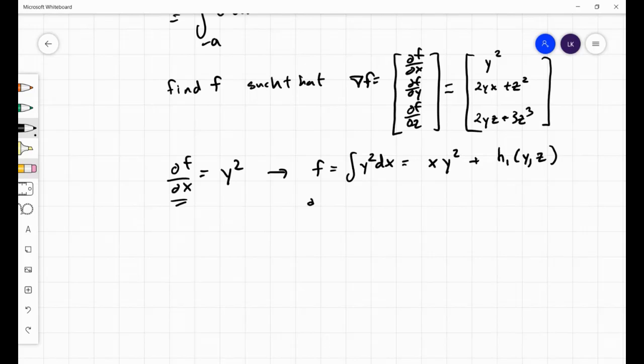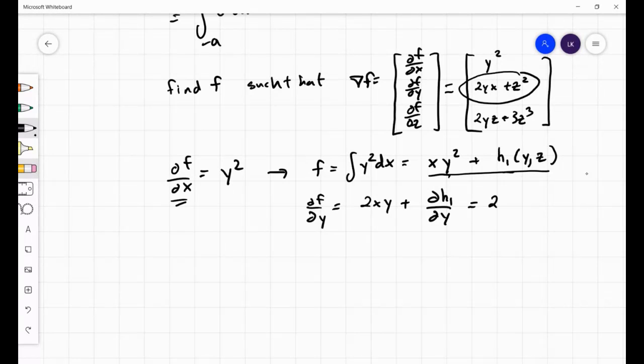And then we differentiate f with respect to y. So here's f, differentiate that with respect to y. And we know that it has to equal our second component of the vector field.